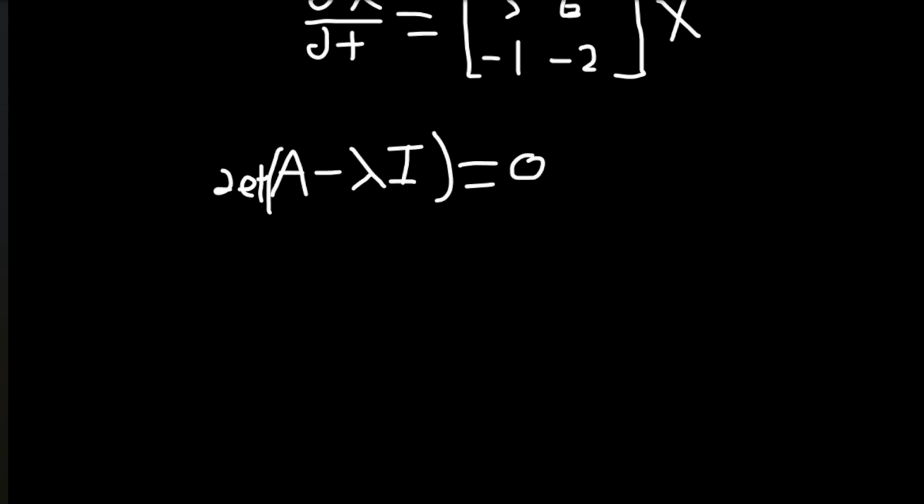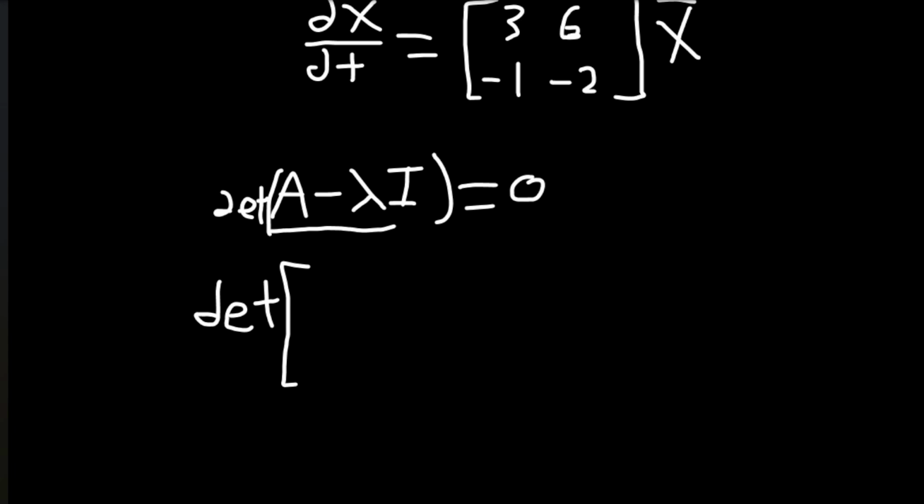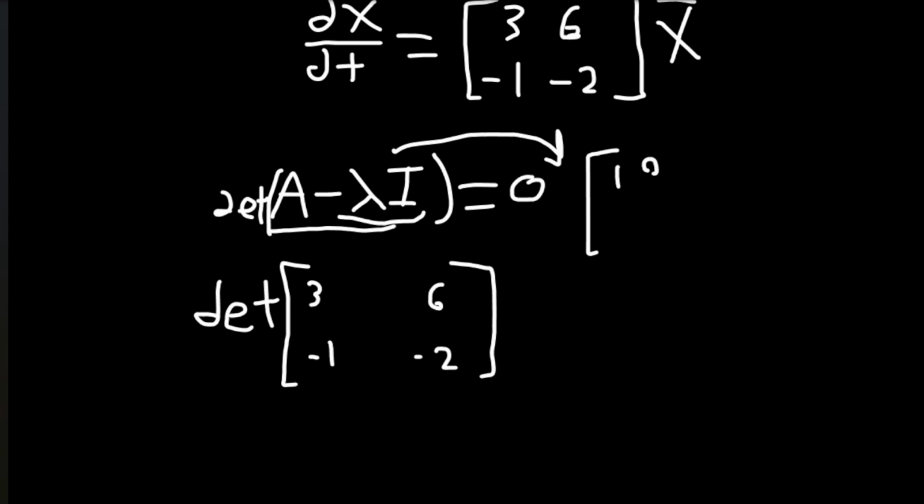Okay, so in this case, we're going to have our determinant. Let me write this out, the determinant of A minus this. So we're going to have A, which is 3, 6, -1, -2, minus this matrix, which if you remember, the identity matrix is 1, 0, 0, 1 for 2 by 2.